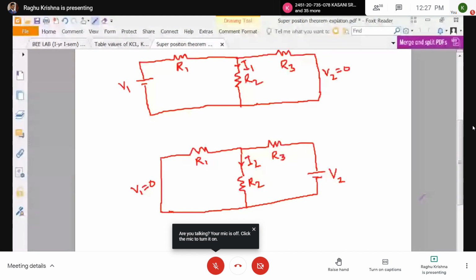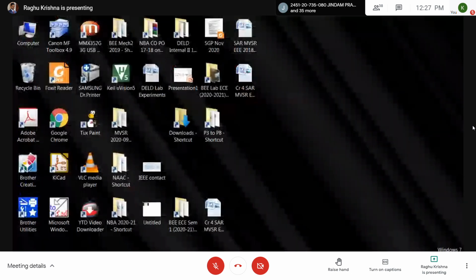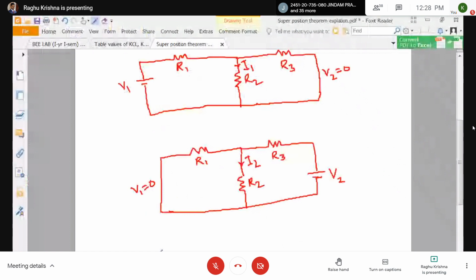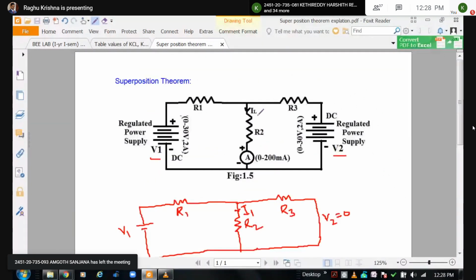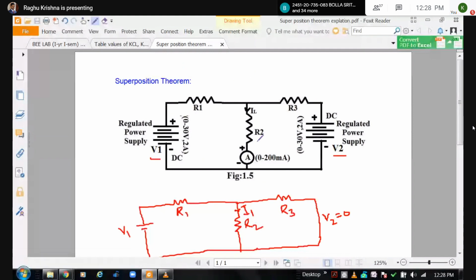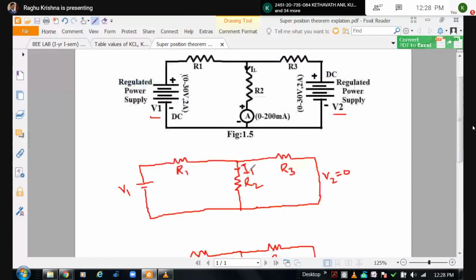Now, IL is the current flowing through R2 when both the voltage sources, V1 and V2, are there. If only V1 is there, the current flowing through the same branch, R2, will be different from IL. Let us name it I1.